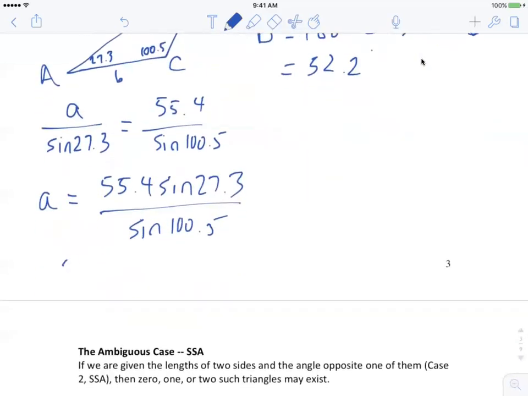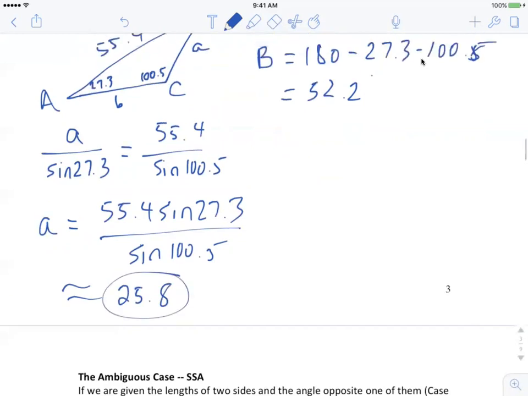All right, and let's just calculate that. Again, I would just punch it all in at once into your calculator so you don't have any intermediate rounding errors. You get a most accurate answer possible. So I'm getting 25.8 on that one for A.